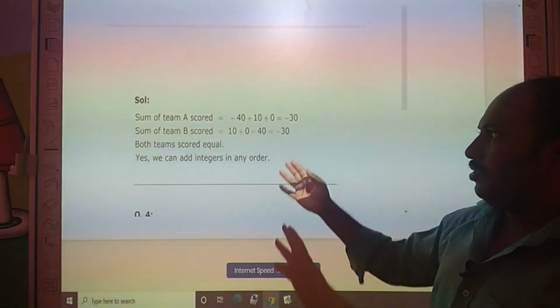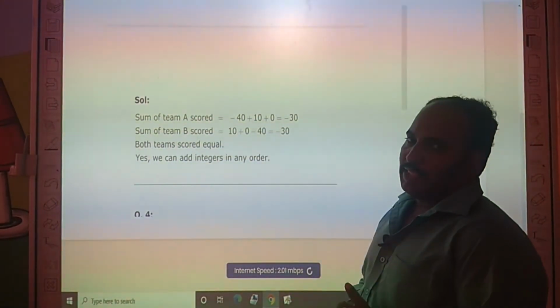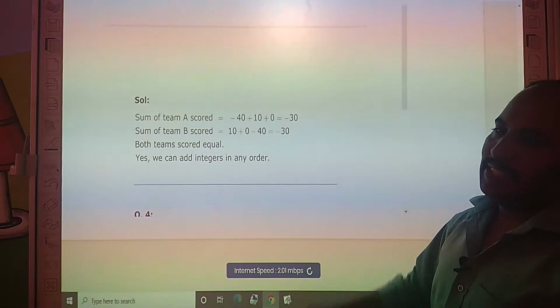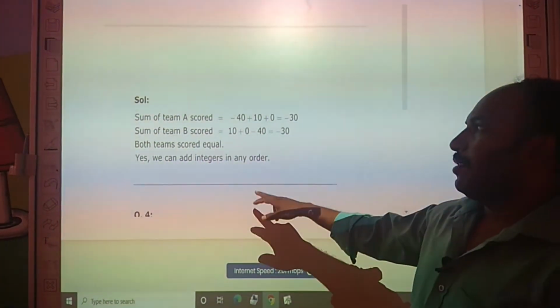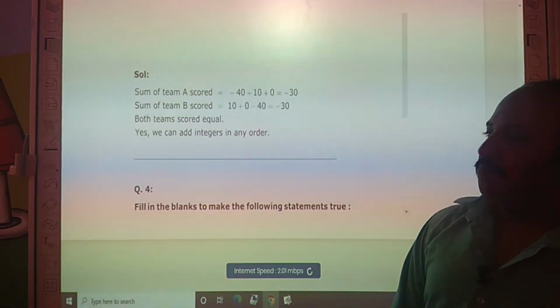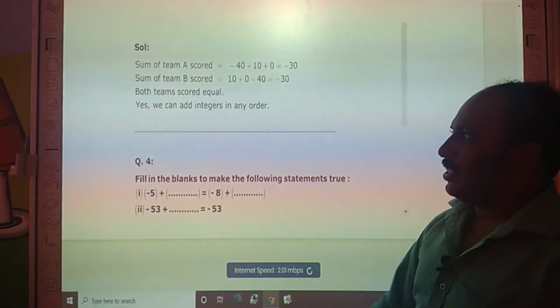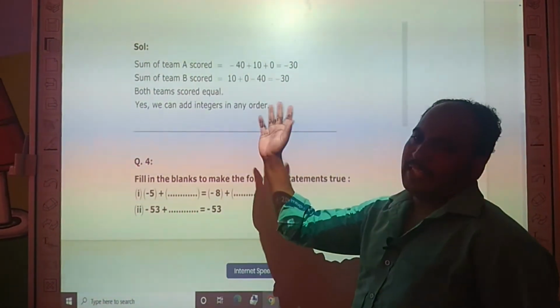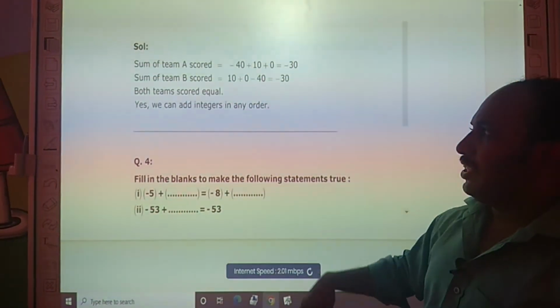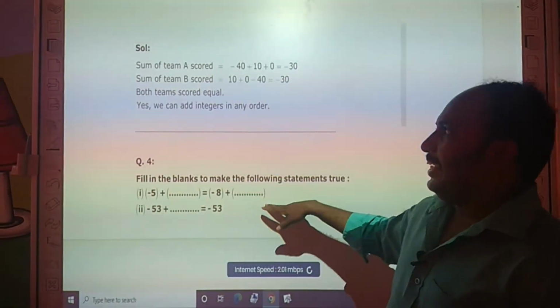Team A scored minus 40 plus 10 plus 0, so our answer is minus 30. Sum of team B: 10 plus 0 minus 40, the answer is minus 30. Both teams' scores are equal, that means minus 30, minus 30. Yes, we can add integers in any order.